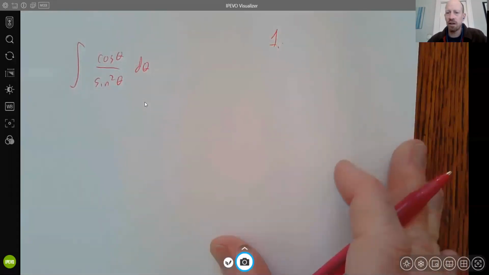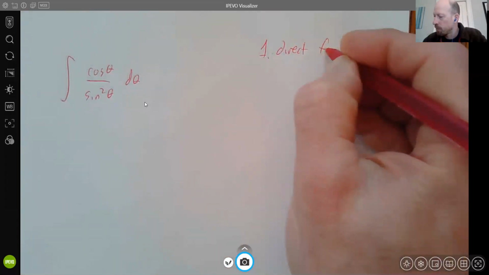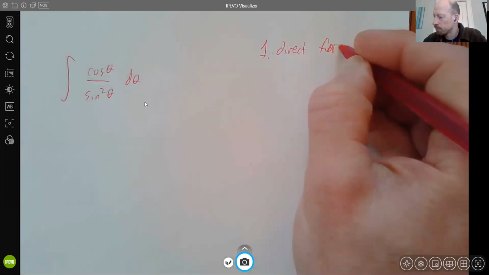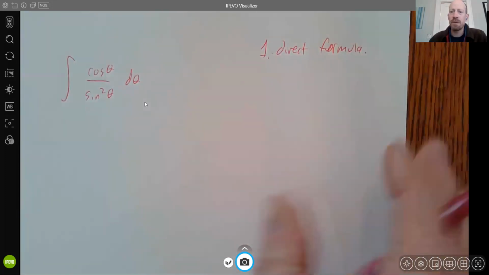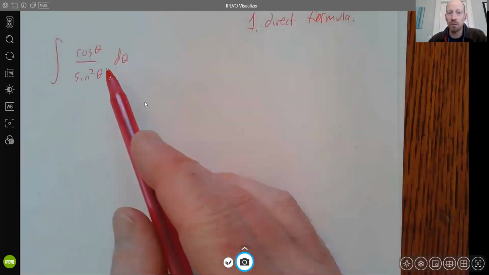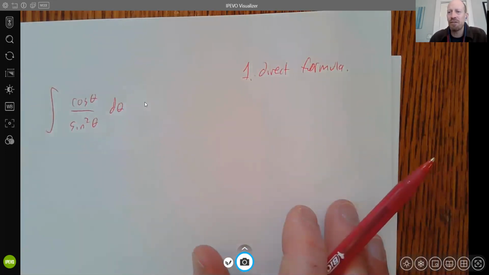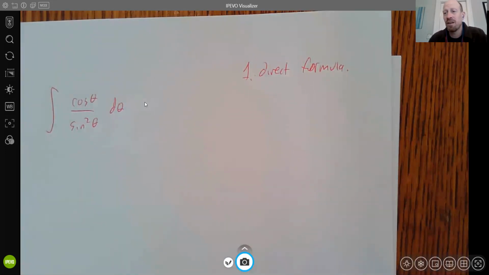The first thing, number one, I call direct formula, which would be saying, okay, is there any function whose derivative is exactly cosine of theta over sine squared? And there isn't. But if it was secant squared, then that would be a direct formula, because I'd say, oh yeah, derivative of tangent, secant squared, I'm done, move on to the next problem, right?